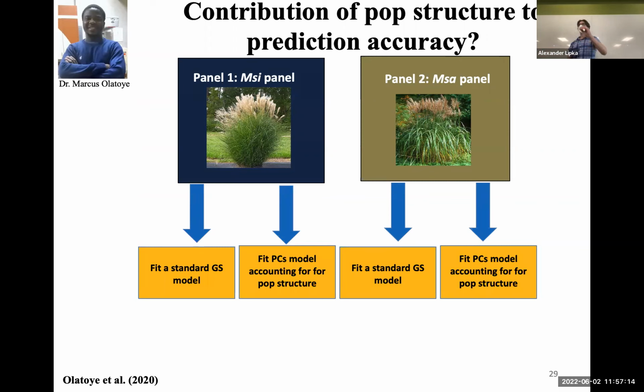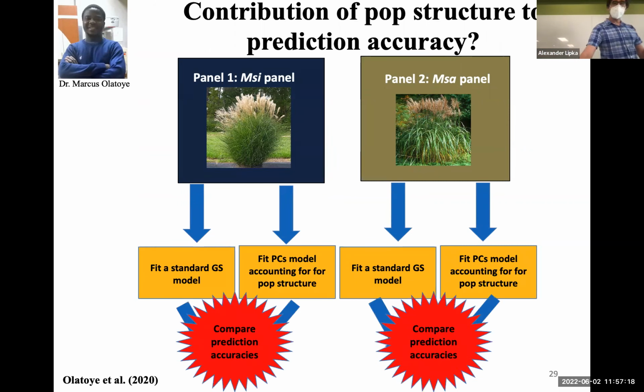If population structure has a major say in the total genetic merit of the Miscanthus clone, I would expect to see similar prediction accuracies from our tailor-fitted PC model for population structure as I would from a standard run-of-the-mill genomic selection model.